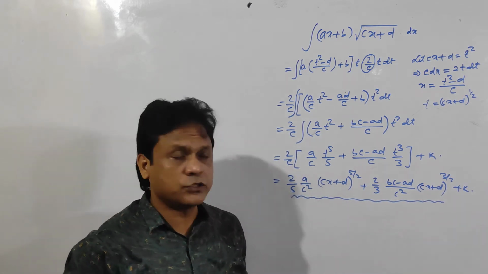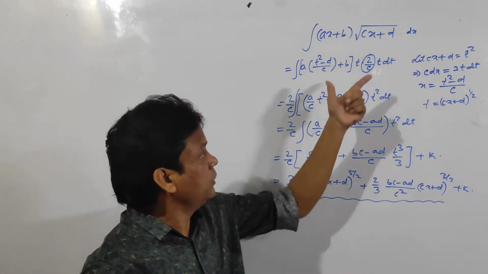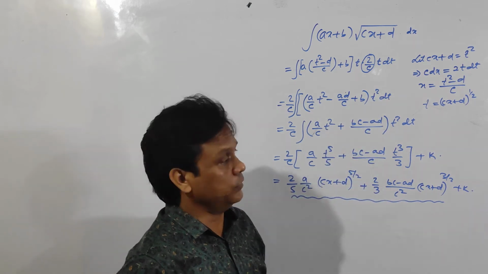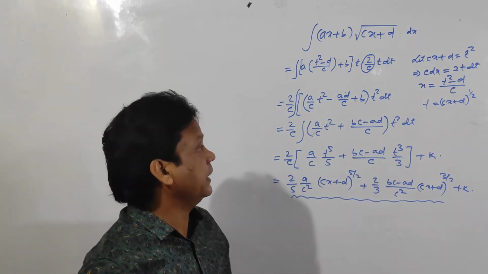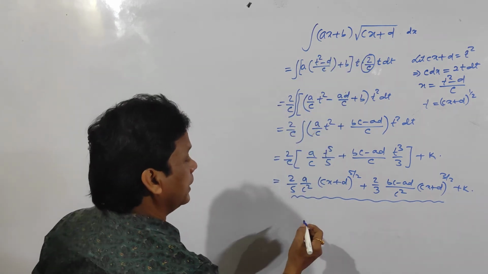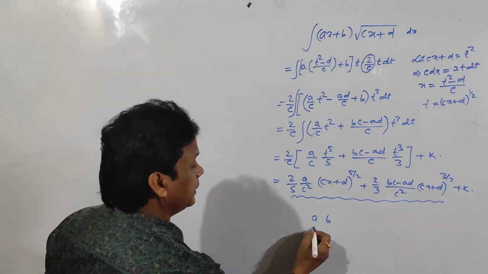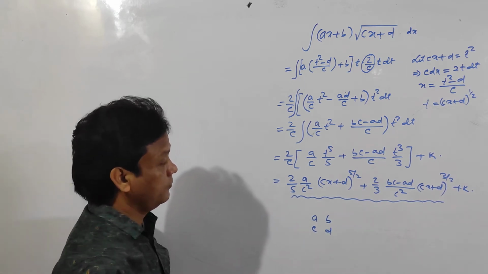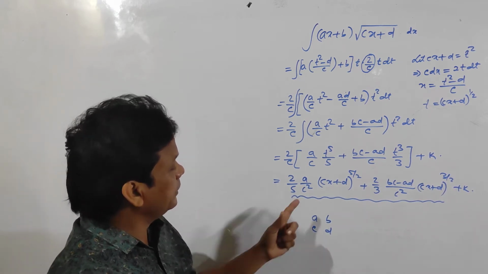For plus 2, that means the 12th board exam, you should do it like this. And how to apply it directly? Outside we have a, b, c, d, and c square is common.